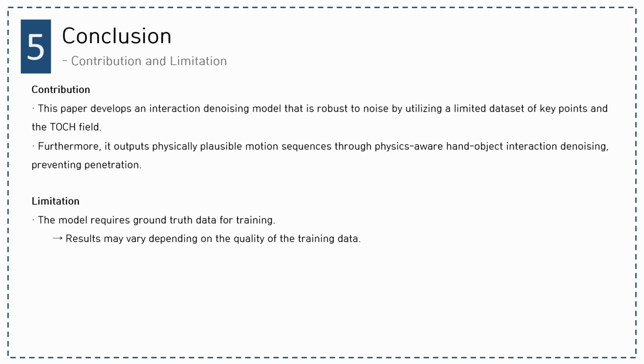However, the model requires high-quality ground truth data, meaning that results may vary greatly depending on this quality. Although the paper notes this limitation when discussing prior research, as the model is not fully autoregressive, some limitations may still persist.